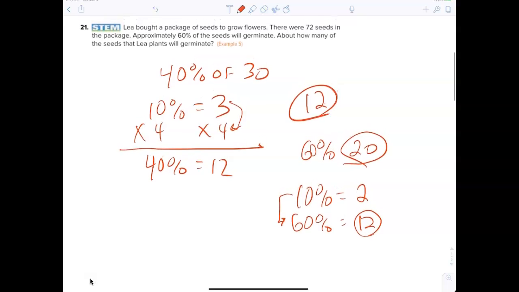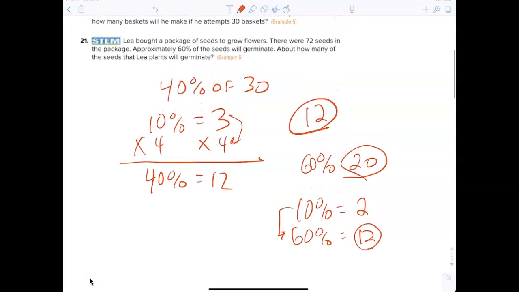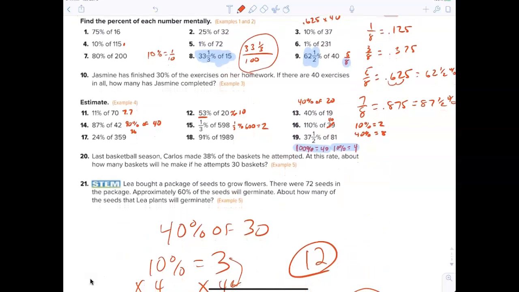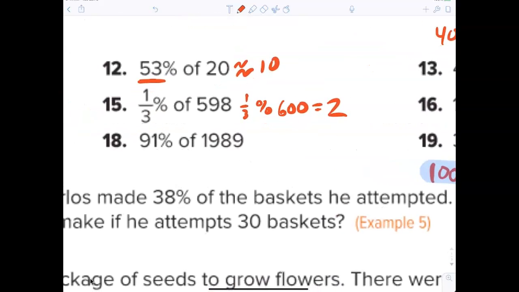All right, I'm really confused about 15. Isn't it 600 divided by 200? I know we're not dividing, but isn't it? Do you agree with me that we're less than 1%? Which one's bigger, 1% or 1/3 of a percent?